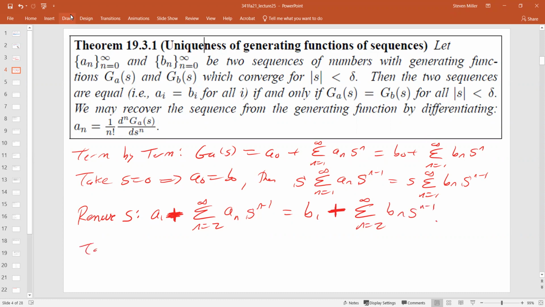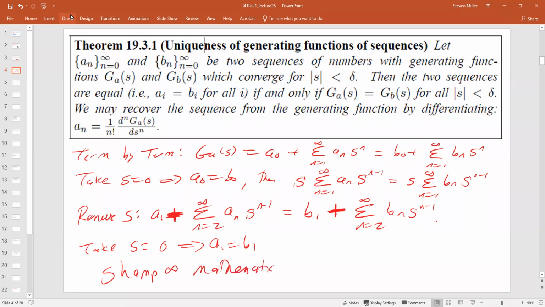And now what do we take? Take s equals 0. And that implies that a_1 equals b_1, and now we do shampoo mathematics.